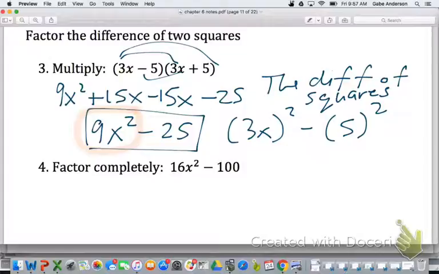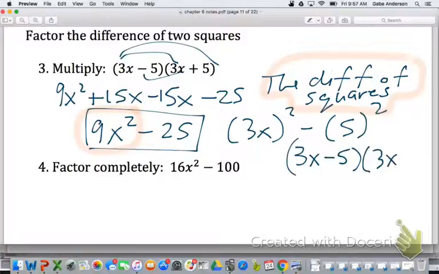And of course, you've got perfect squares. Once we recognize that we have the difference of squares, we can factor it directly: 3x minus 5, 3x plus 5. Of course, that's what we started with, so we basically have foiled and then undone the foil. I want to do one or two of these examples with you, and then we will do some practicing.